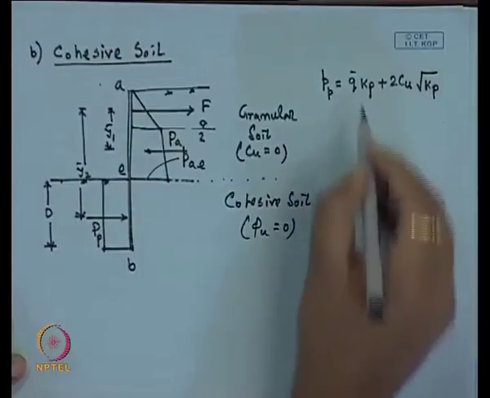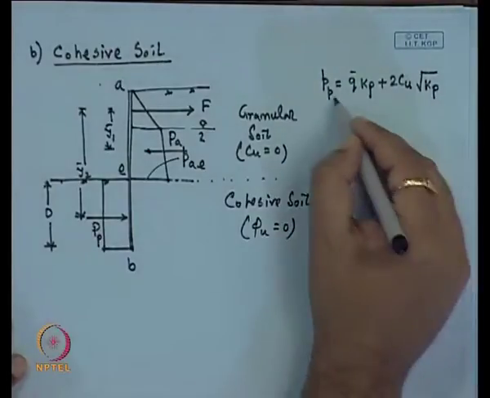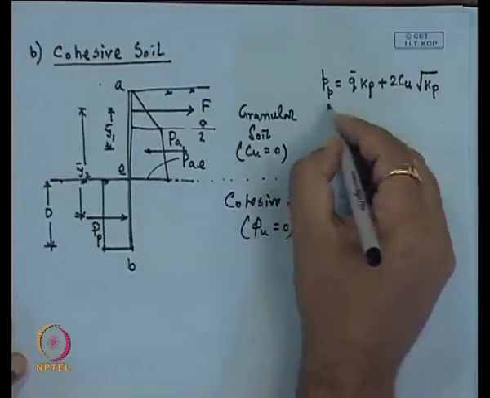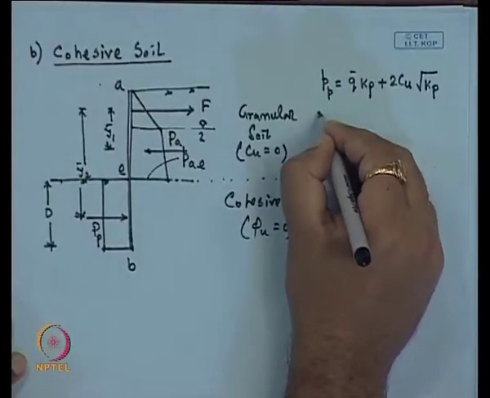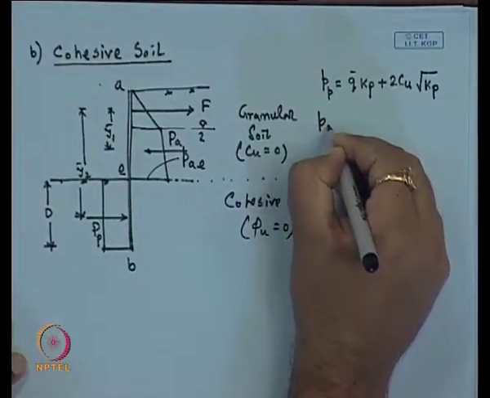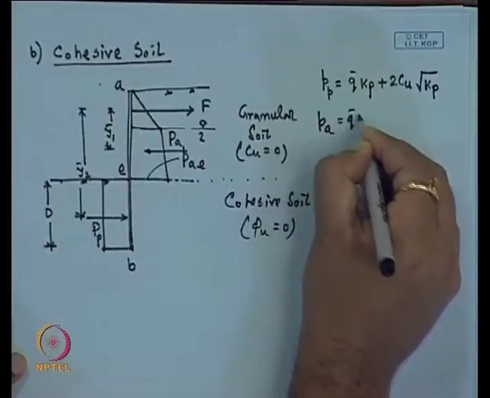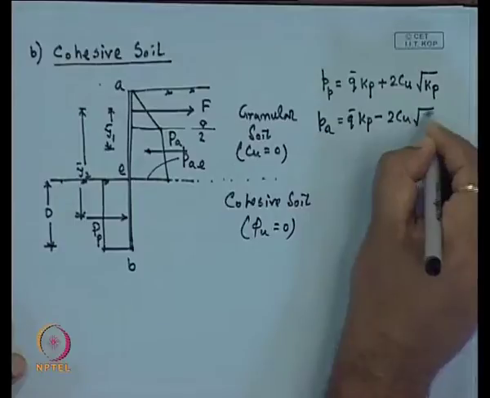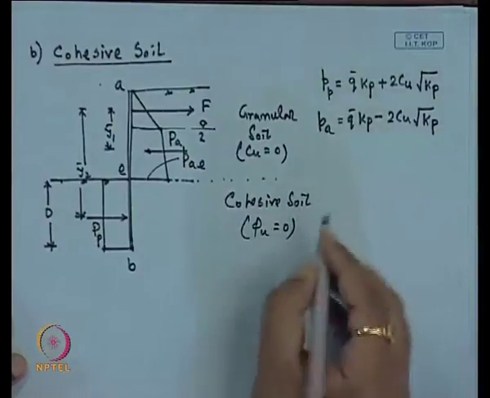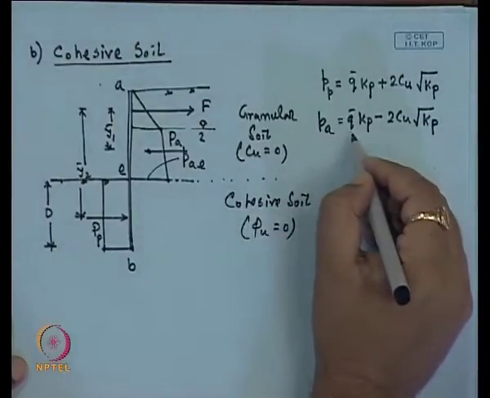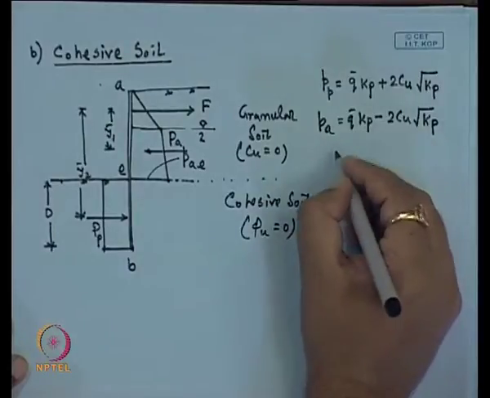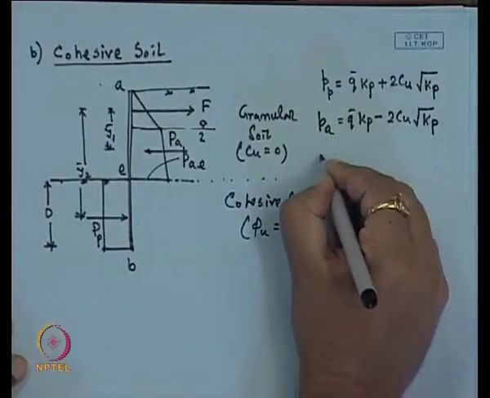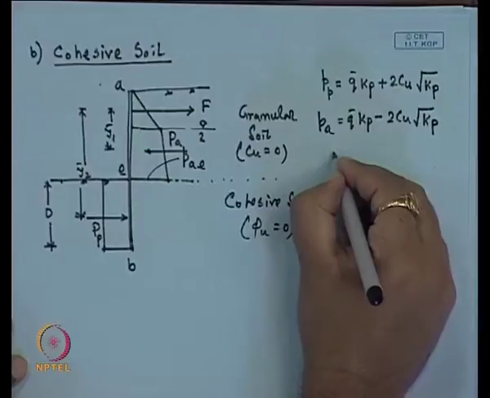So, this is the common expression to calculate the passive pressure at any point. Similarly, this is P active, that is Q bar K p minus 2 C u root K p, where K p is the passive pressure coefficient and C u is the undrained cohesion.